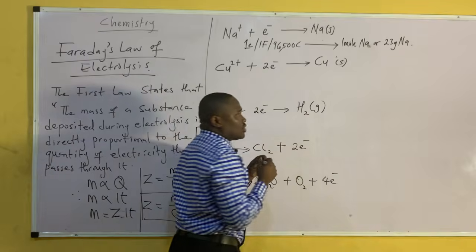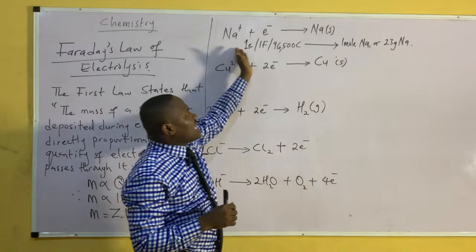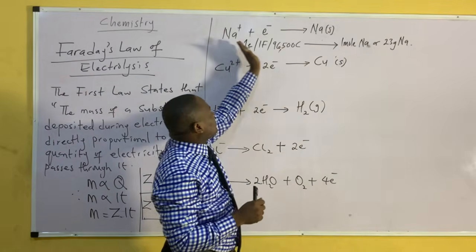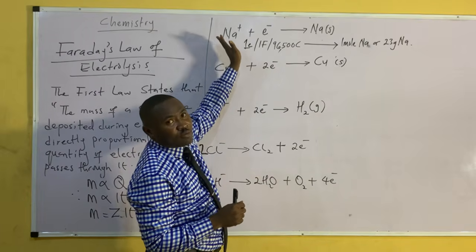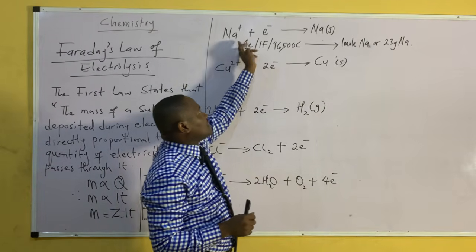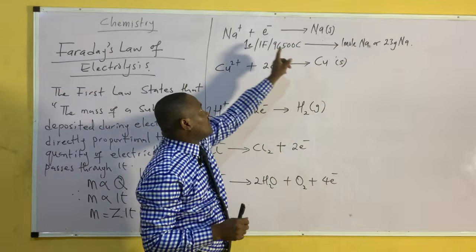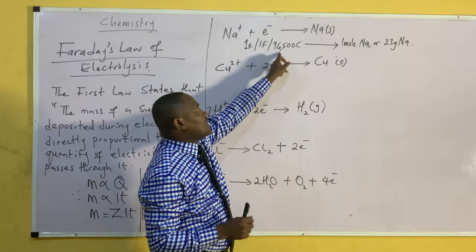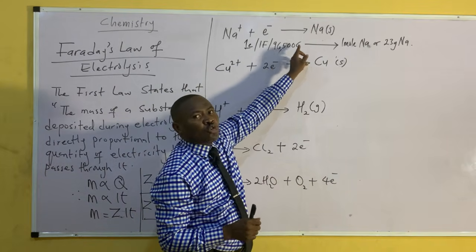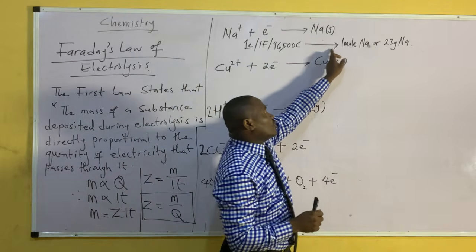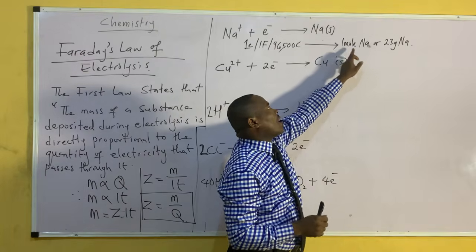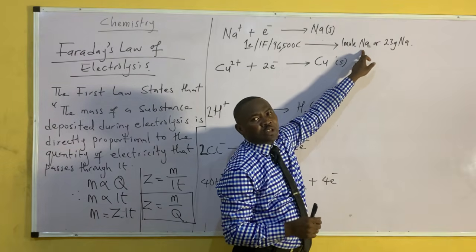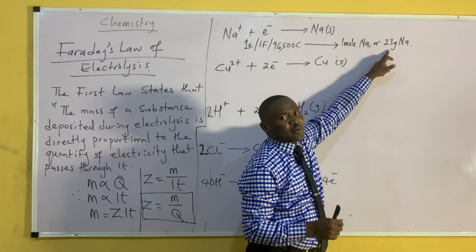Now, my question is going to take any of this shape, but I'm telling you what this equation means. This is the analysis of this equation. And what is it? That 1 electron or 1 Faraday or 96,500 coulombs of electricity is required to deposit 1 mole of sodium atom or 23 grams of sodium.